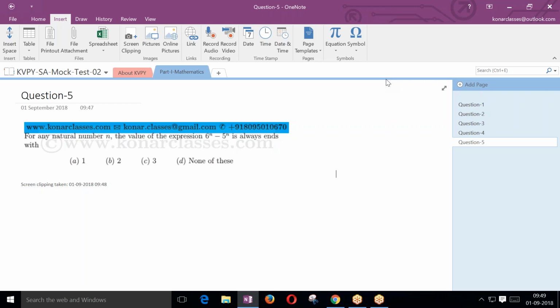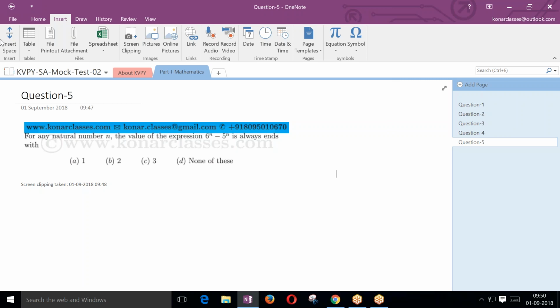That allows you to conclude that 6 power n will always end with 6. Similarly, the unit digit of 5 square is 5, obviously 5 cube and henceforth their unit digit will end with 5.